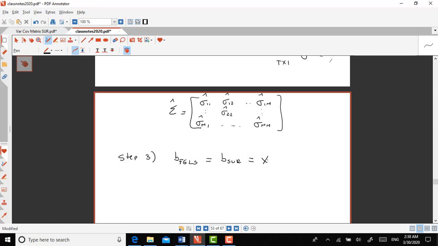And that should be equal to X prime, and once again, we should substitute that sigma we had. Kronecker product of the identity matrix, inverse, X, inverse. Well, actually, I'm going to make this smaller because I'm running out of space. So I will do it again.